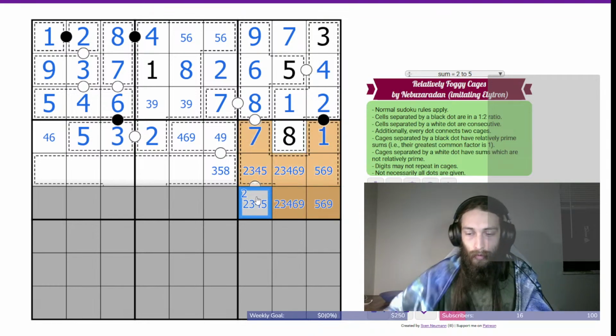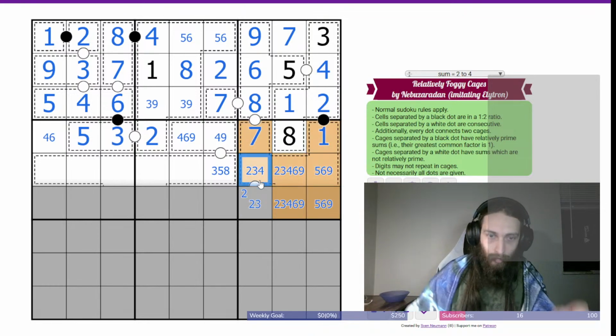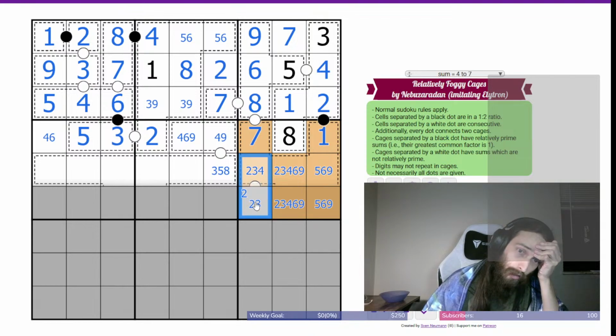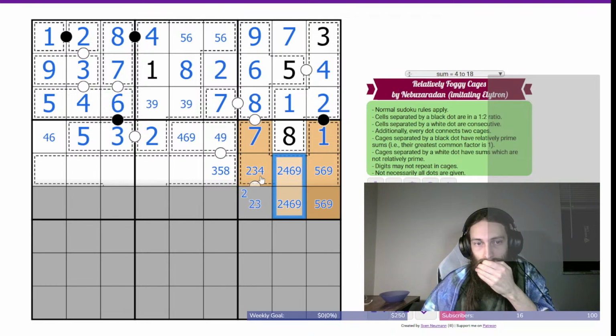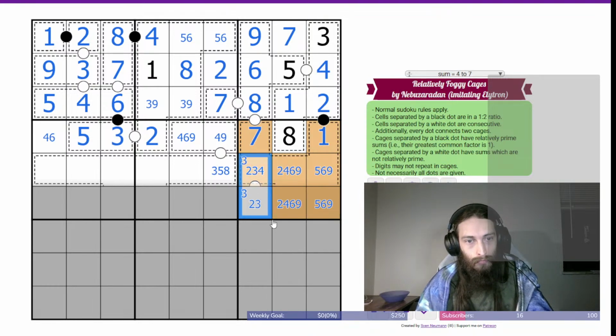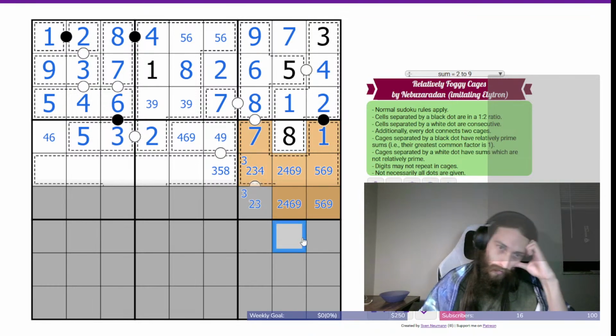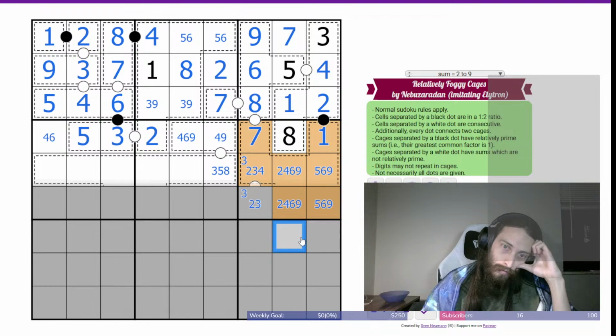So this is 2 or 3, not 4 or 5, so that can't be a 5. In which case 3 is one of those, and I don't have 3 there. So it's whether or not this is an 8.